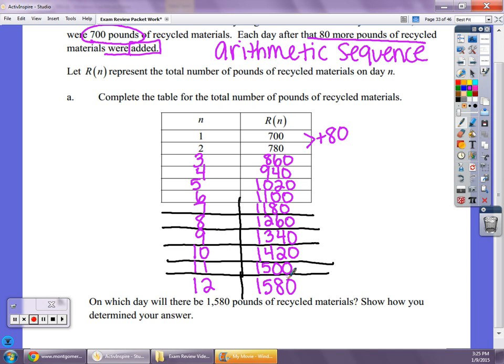So I can see now that I finally made it to 1580, and we know that it's day 12.